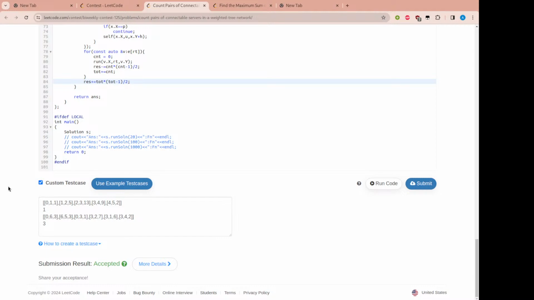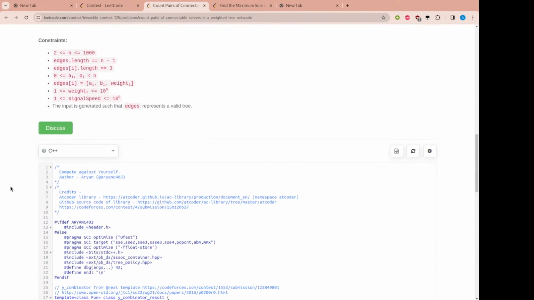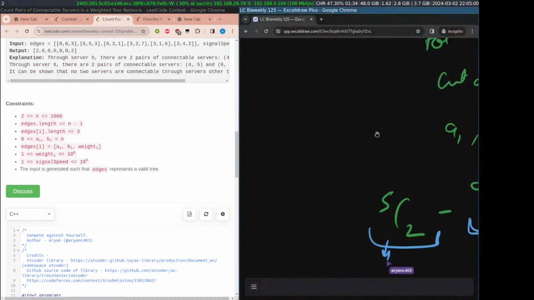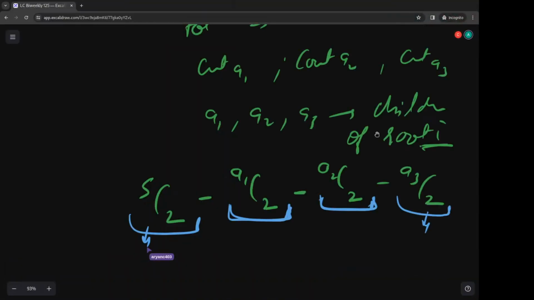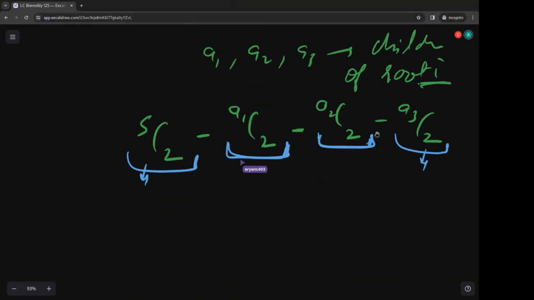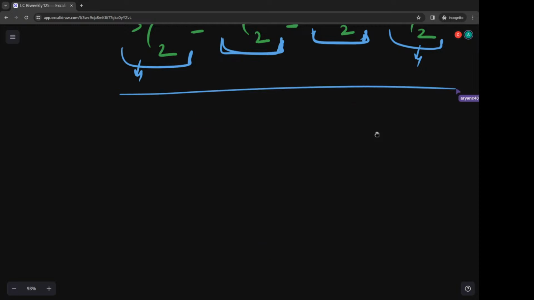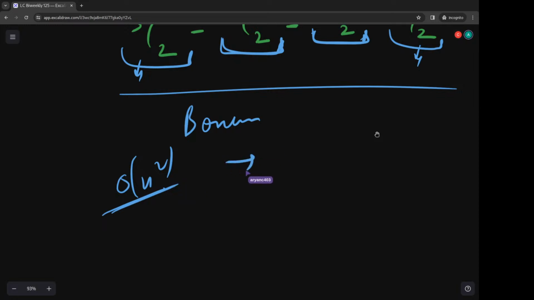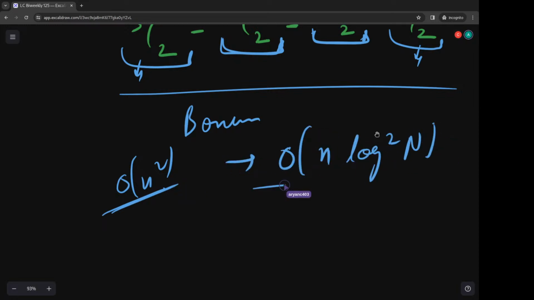So this was the idea for the third problem. And one bonus for this problem: our current time complexity is order n square, right? It is also possible to solve this problem in n log square n time complexity. And the idea for that would be heavy light decomposition.